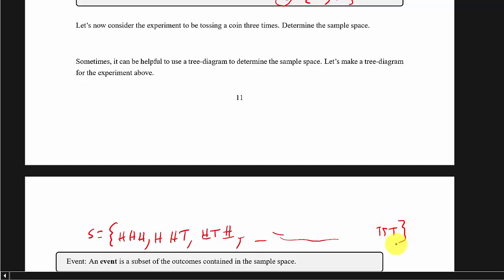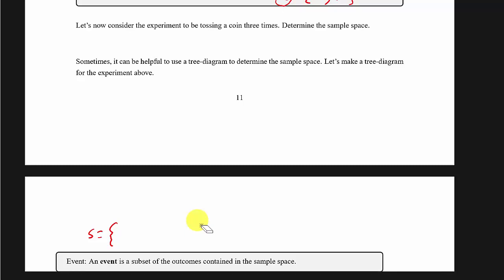All right. And I know flipping a coin 3 times, it wouldn't be that difficult to come up with all the different possibilities, but it would be easy to miss one. So one of the things that we can do is we can draw a tree diagram.